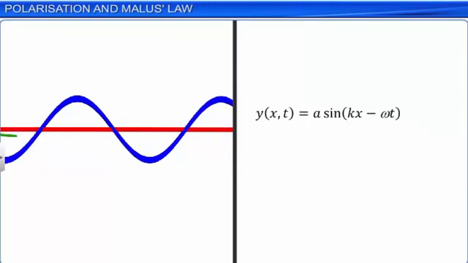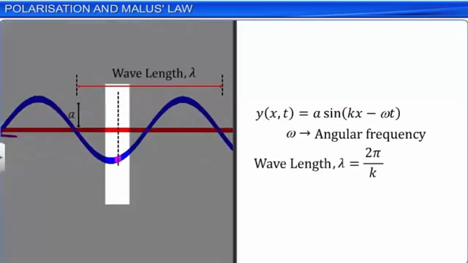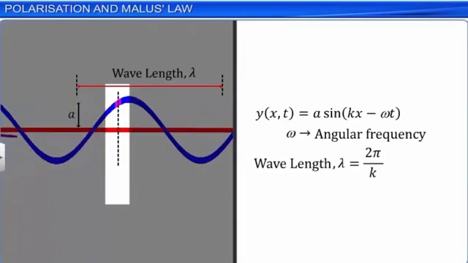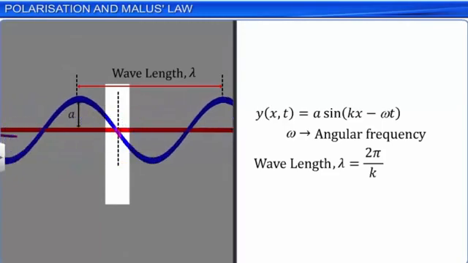where a is the amplitude of the wave, omega is the angular frequency, and k is the angular wave number. The wavelength of the wave is lambda and is equal to 2 pi by k. If a wave has only y displacements and each point on the string moves in a straight line along the y-axis, then the wave is said to be linearly polarized in the y direction.